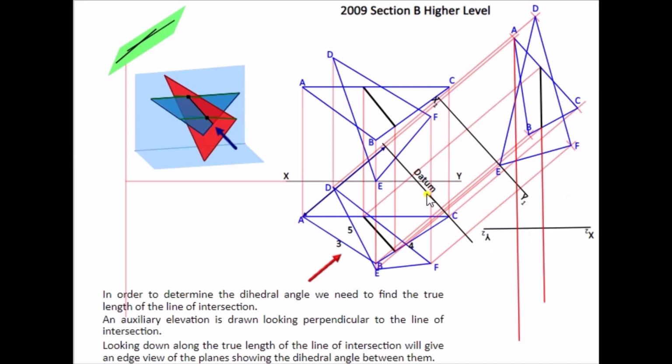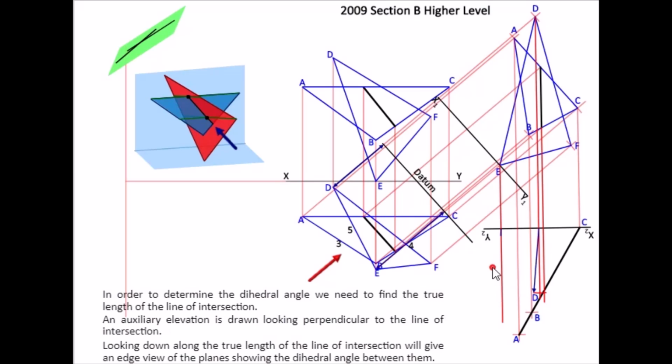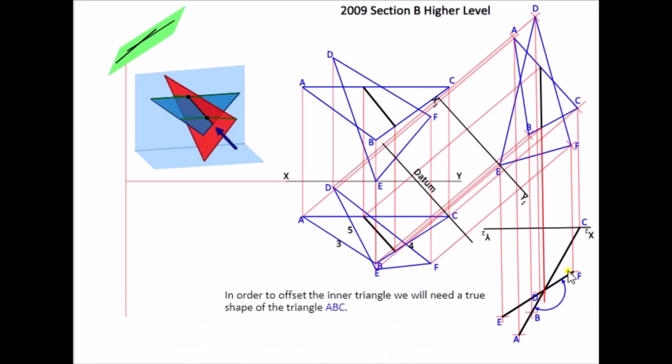So again, we set up our datum line to reduce all this space here to make sure this drawing fits on the page. So we have triangle ABC found, and in this case here to find triangle DEF. So DEF is found in this location here, and then we mark off our dihedral angle. So this is our dihedral angle now found.